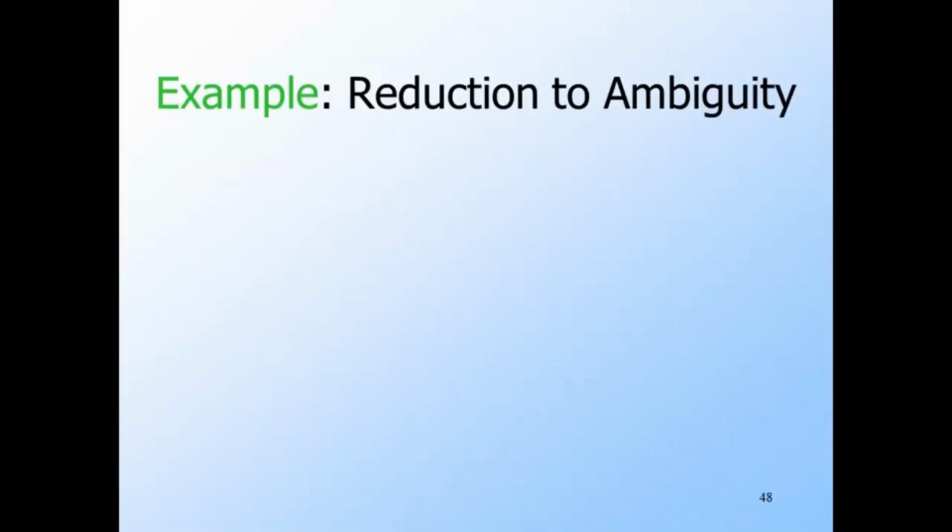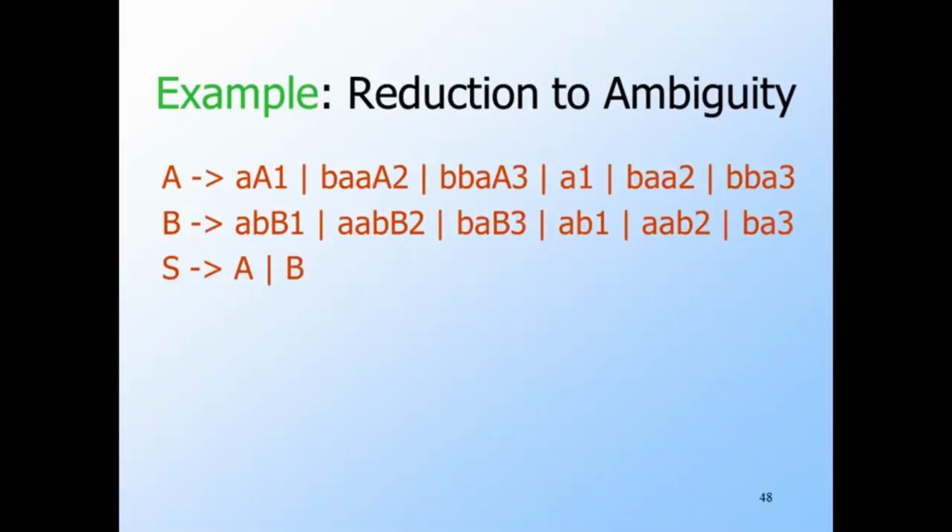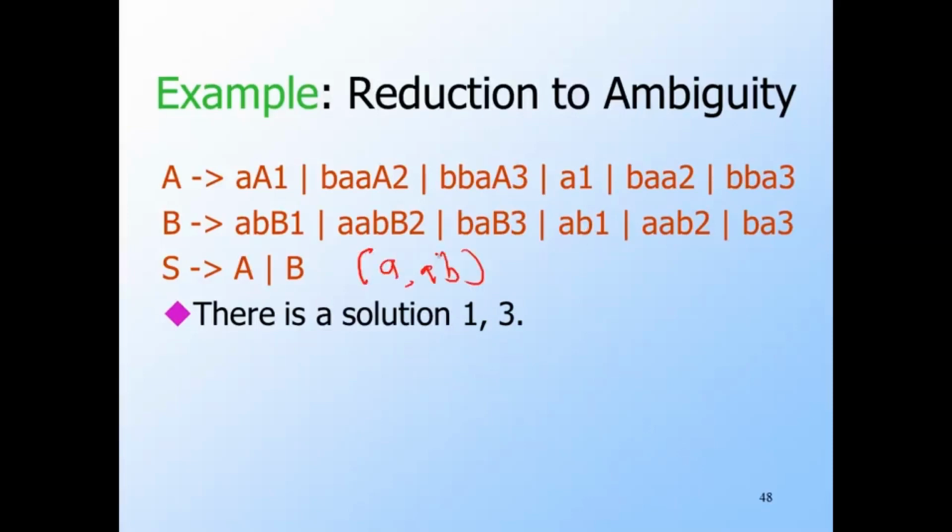But first, let's look at an example that should actually expose how the proof in general works. Here's the grammar constructed from the PCP instance that we saw earlier. It is the sets of A productions and B productions we saw plus the two productions for S. Notice there is a solution 1, 3. That is, the first pair was AAB, and the third pair was BBA with BA.